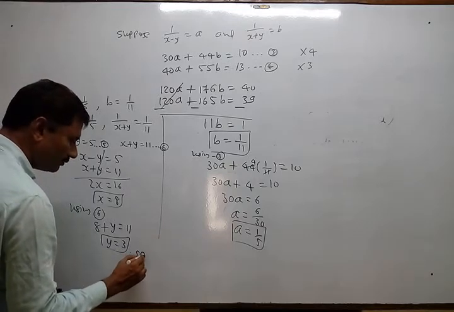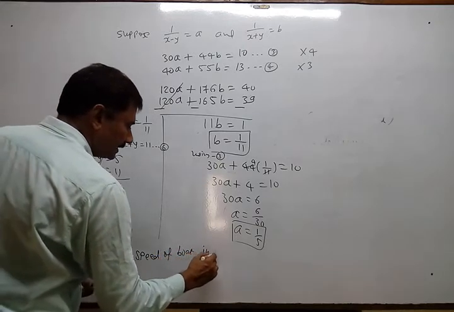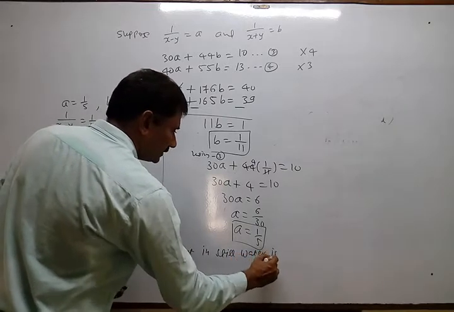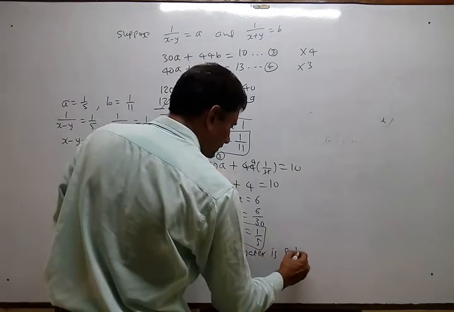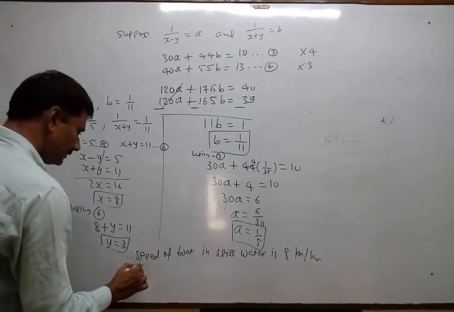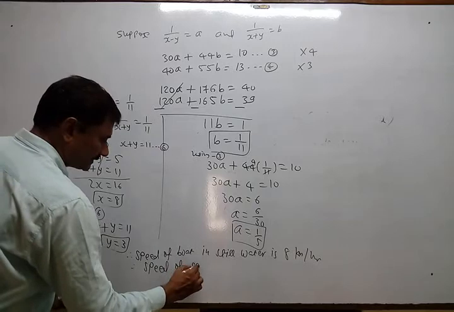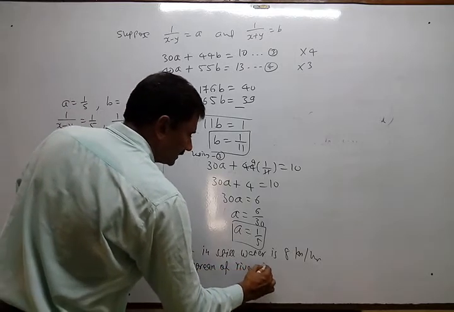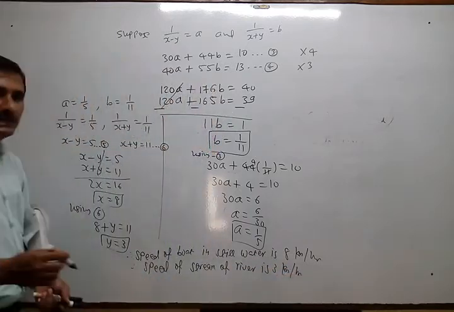Therefore the speed of the boat in still water is how much? 8 km per hour. Don't mix up, don't interchange. And the speed of the stream of the river is how much? 3 km per hour. Okay, so these are our answers.